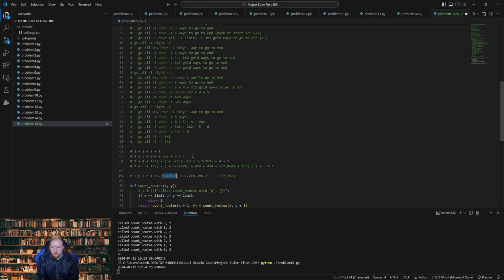And instead of n minus 1 here, let's say 3x3, then 4x4, 2 n minus 1 by n minus 1.